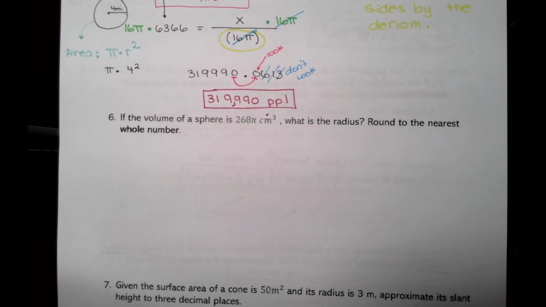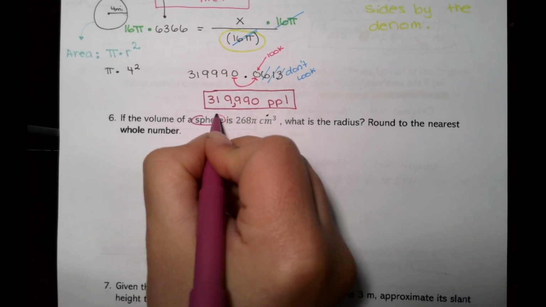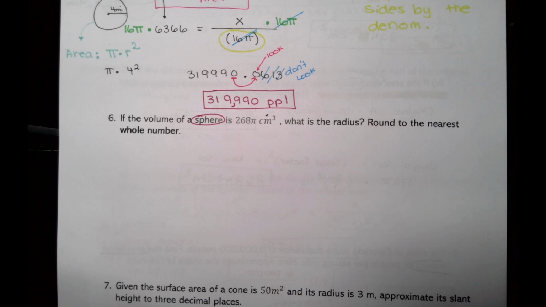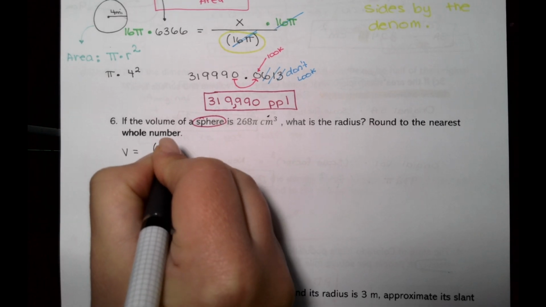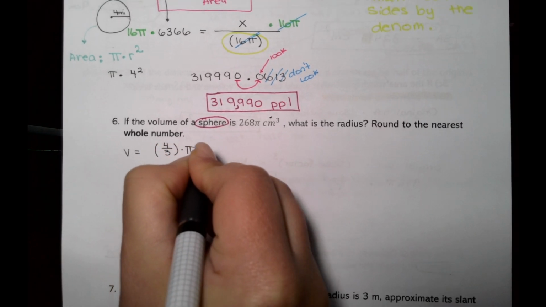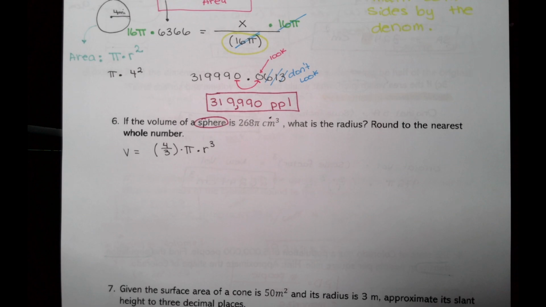If the volume of a sphere is 268 pi, what is the radius? Okay, so they are giving us the volume. So I'm going to take a look at my formula sheet for the volume of a sphere. Volume of a sphere is 4/3 times pi times r cubed.